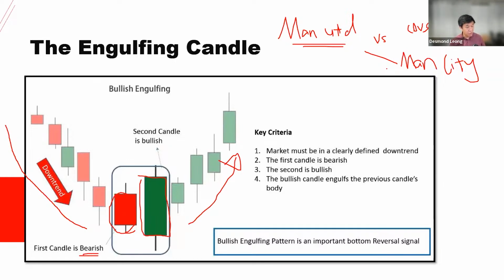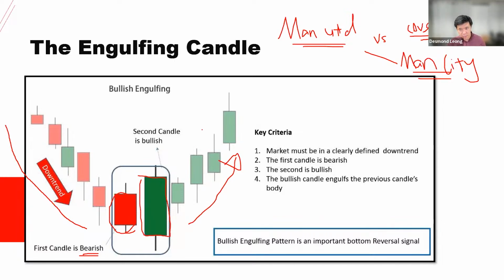Then if Manchester United wins, they'll be like, okay, we are bullish on Manchester United. They have a chance of winning the Premier League. No one would say that if Man U won against Coventry, but people would say that if they won against Manchester City or Barcelona, right?